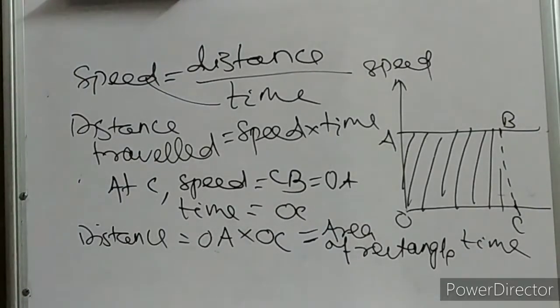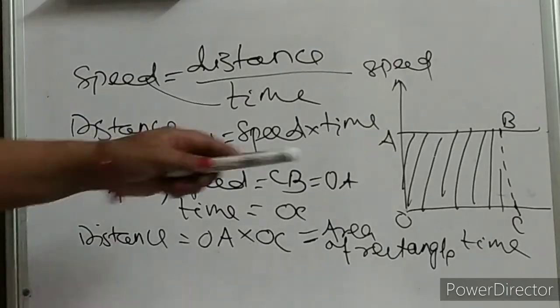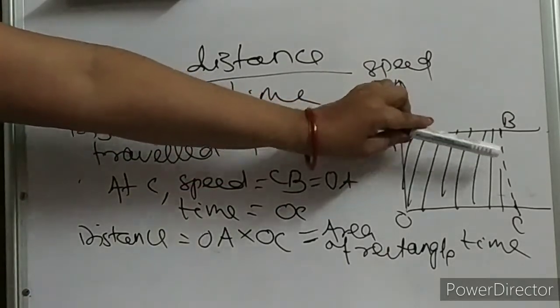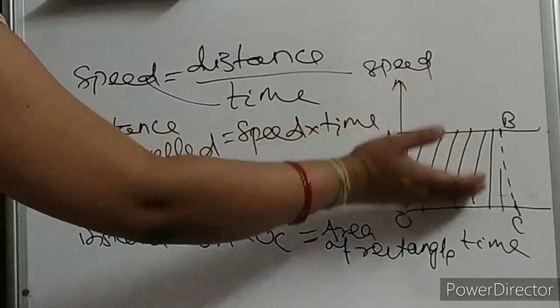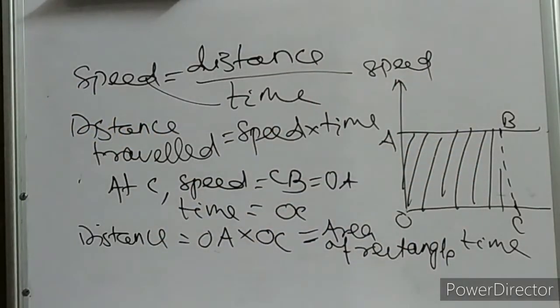Hope I am clear with this. So the velocity-time graph of an object moving with a constant velocity is a straight line parallel to the time axis. Clear, children? How to calculate the distance? Calculate the area enclosed by the graph, then we get the distance traveled.